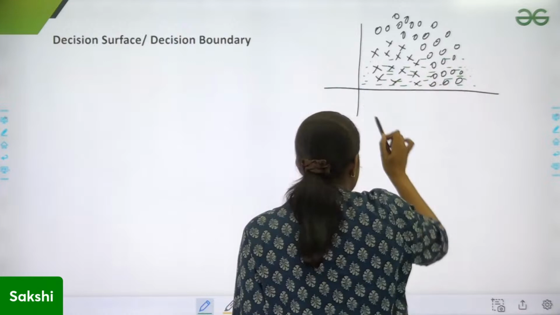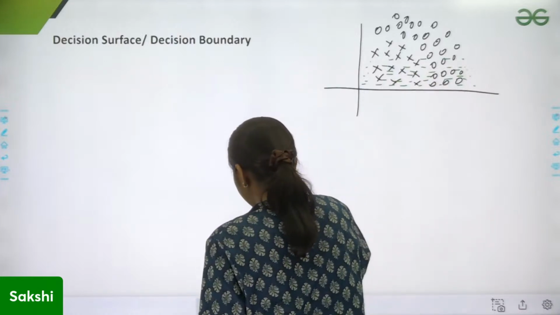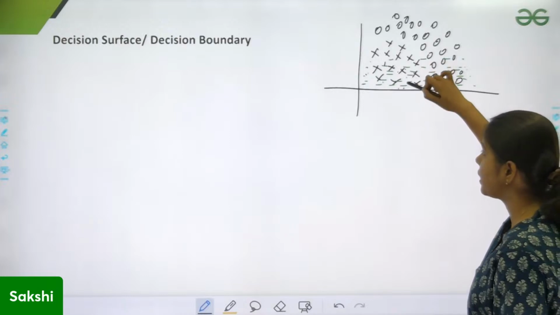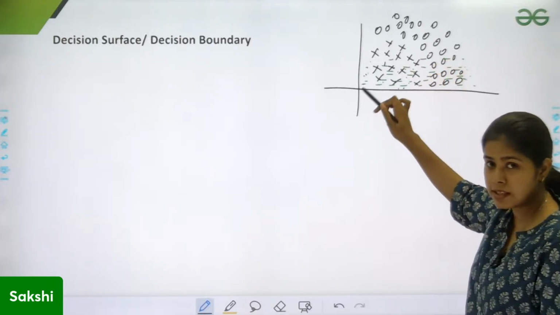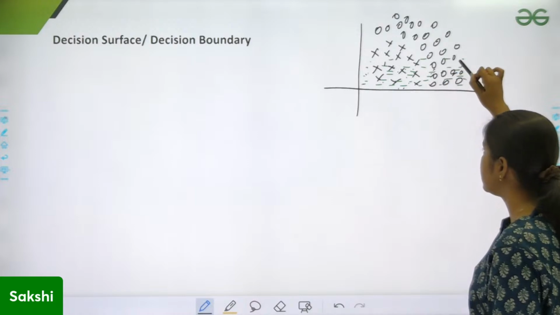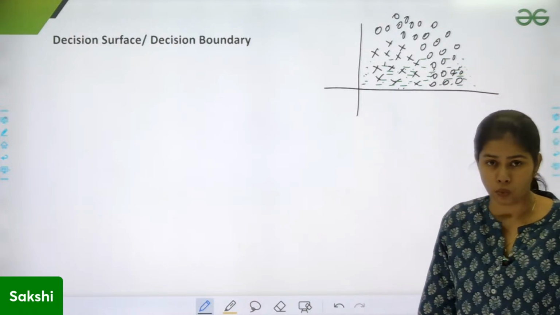Now you would see that all these points on the left-hand side are classified as cross, and these on the right-hand side are classified as O, right?